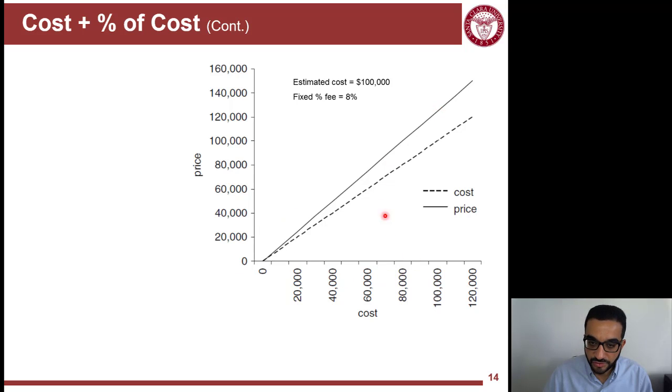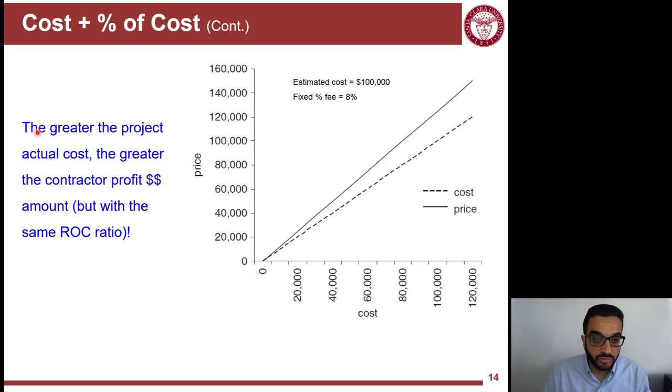Whatever value you enter here, you will be plotting it as a cost, but then the price will be something above the cost as a percentage. And you can see now graphically it will look like the two lines are departing. So this means that the greater the project actual cost, the greater the contractor profit amount. So if the base increases, the cost increases, the fee will increase because it's related to it as a percentage.